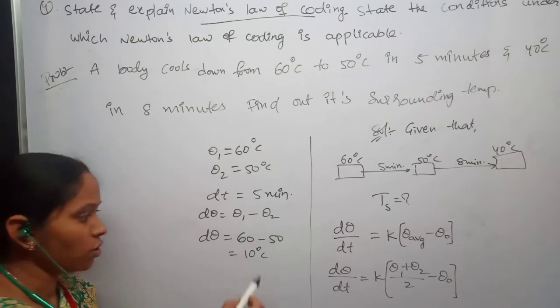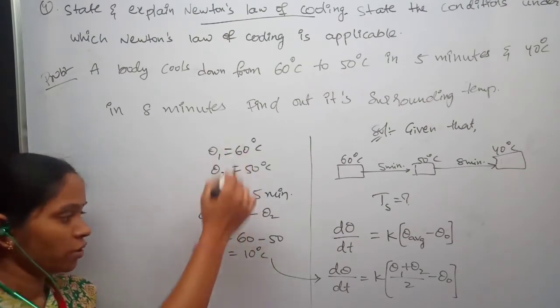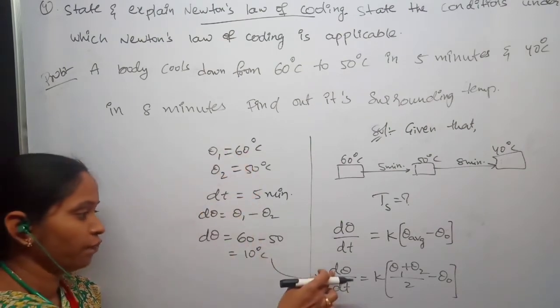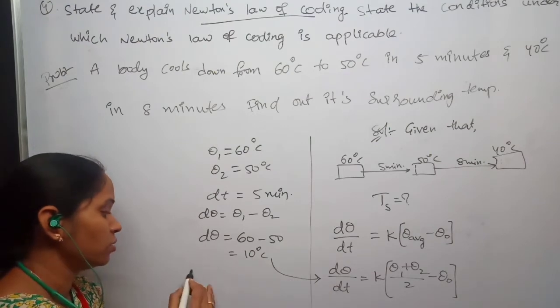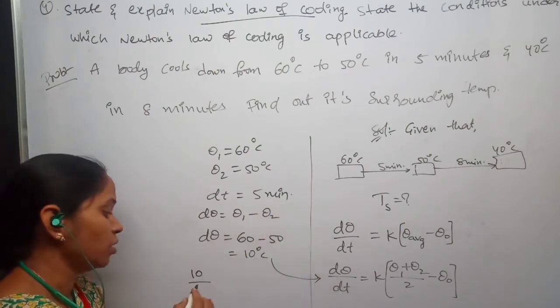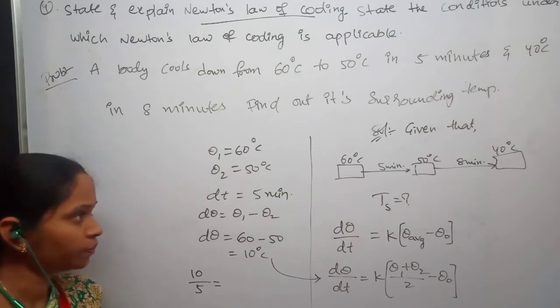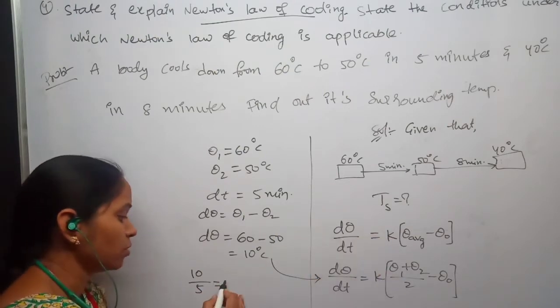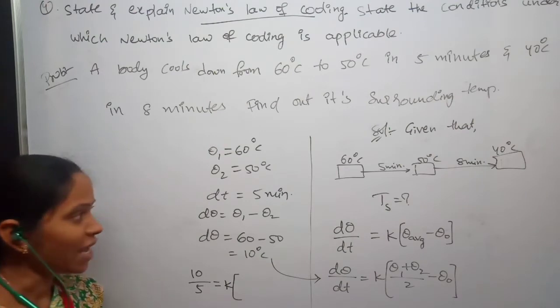Now substitute the data in this equation. d theta is 10 by dt is 5 minutes, which is equal to k times the average temperature.